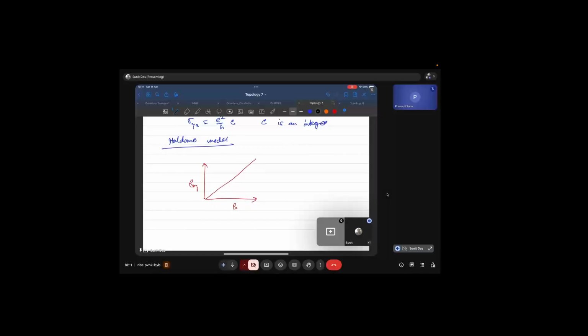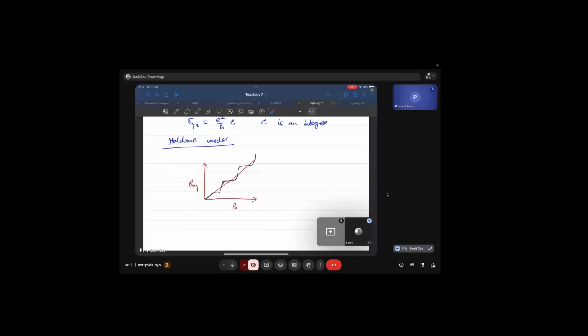But then in some two-dimensional materials, people observed, in 1981 I think von Klitzing, that rho xy increases with the magnetic field up to some magnetic field, but then as you increase the magnetic field, a quantization plateau develops. So this was the plateau which we wanted to understand, and these are the quantized plateaus.